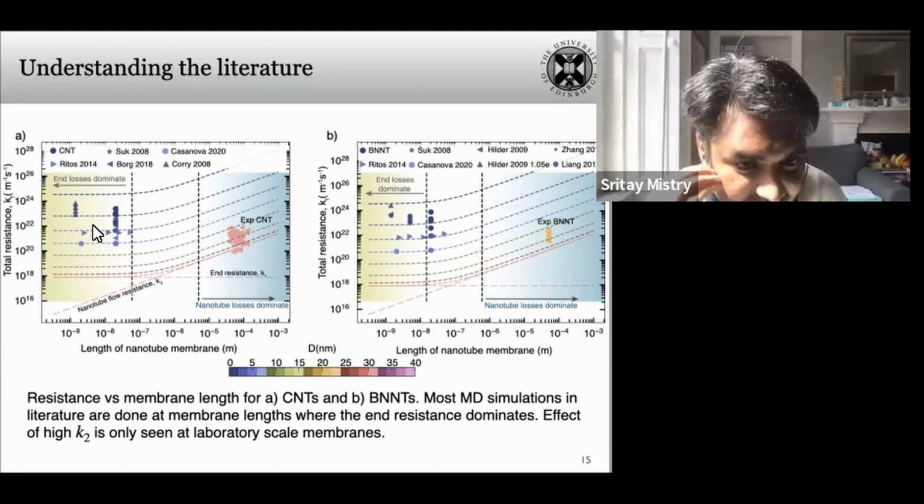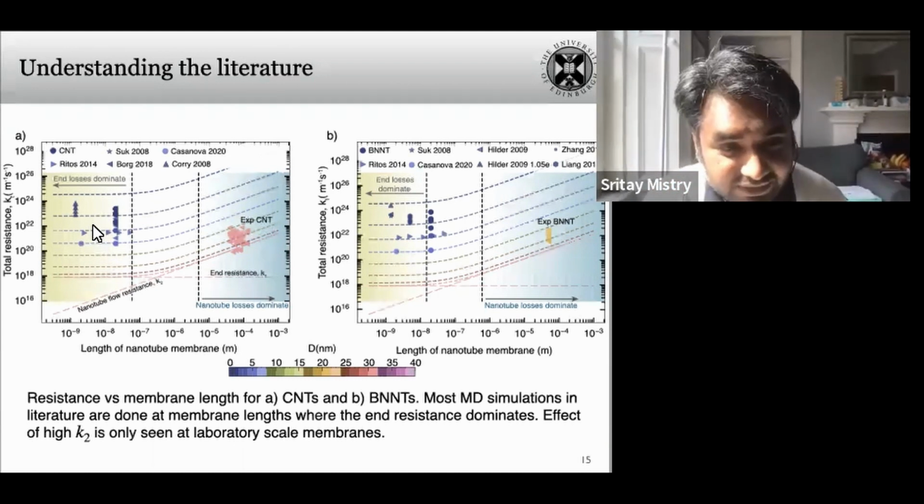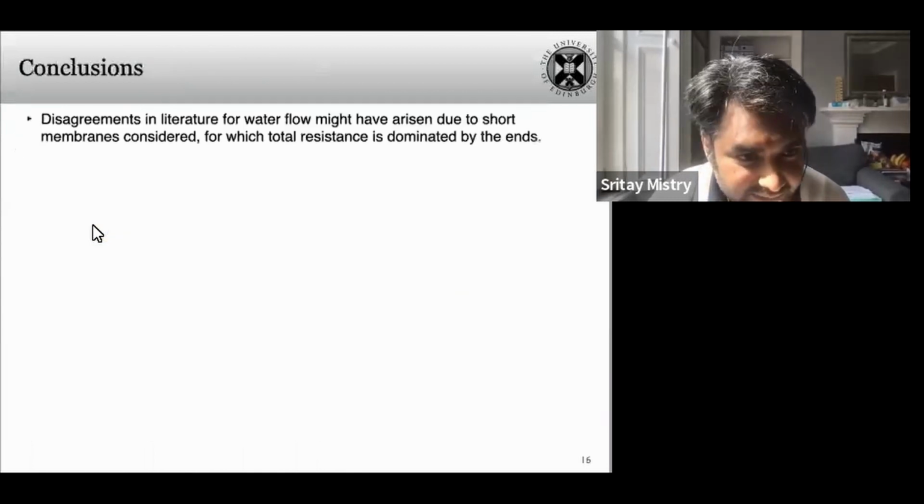And this shows that as far as practical experimental scale membranes are concerned, you have BNNTs always having a higher resistance, or conversely a lower flow rate, as compared to CNTs.